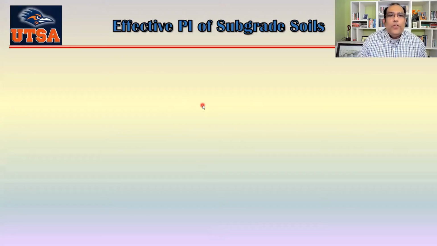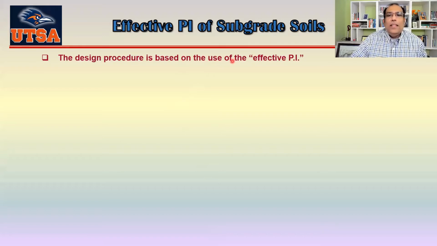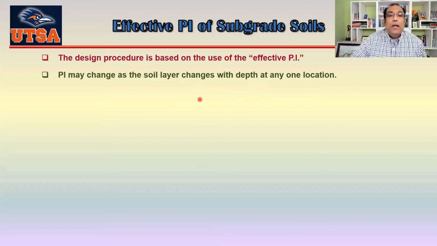So first of all, we are going to discuss effective PI. PI means the plasticity index of subgrade soil. This design is basically based on the use of effective PI. Now, what is effective PI? The soil usually has different layers, and the plasticity index of the subgrade soil in each layer can vary significantly.